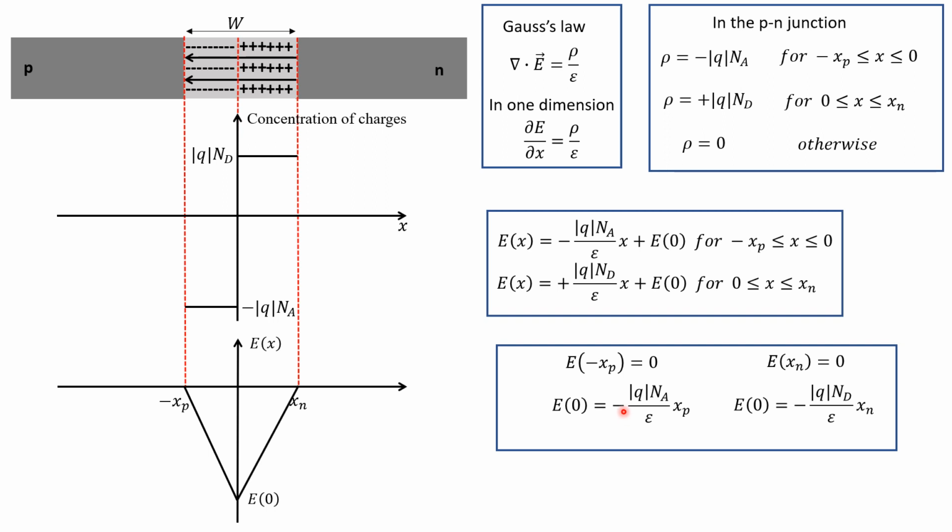We have the negative sign here, and all terms here are positive numbers, and the same here. So the field at the origin is a negative number, and that makes sense. We set the x-axis to the right, and we know the field points to the left, so the field must be negative because it's pointing to the left.